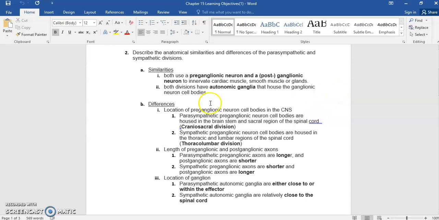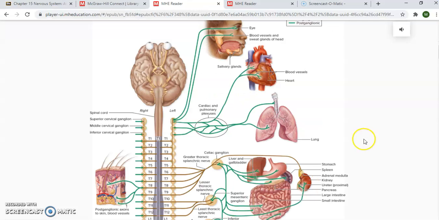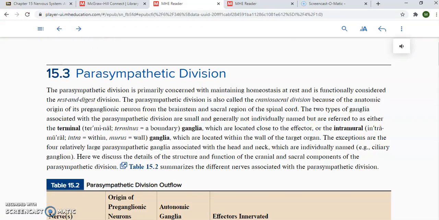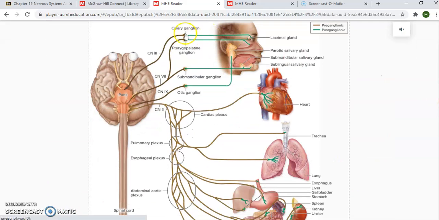And then the other thing that they have in common is that they have ganglia. So in the sympathetic one, the ganglia are located here. So those little round areas. And remember, ganglia are just a cluster of cell bodies and dendrites. And then in the parasympathetic one, I need to go here. In the parasympathetic one, the ganglia were here.